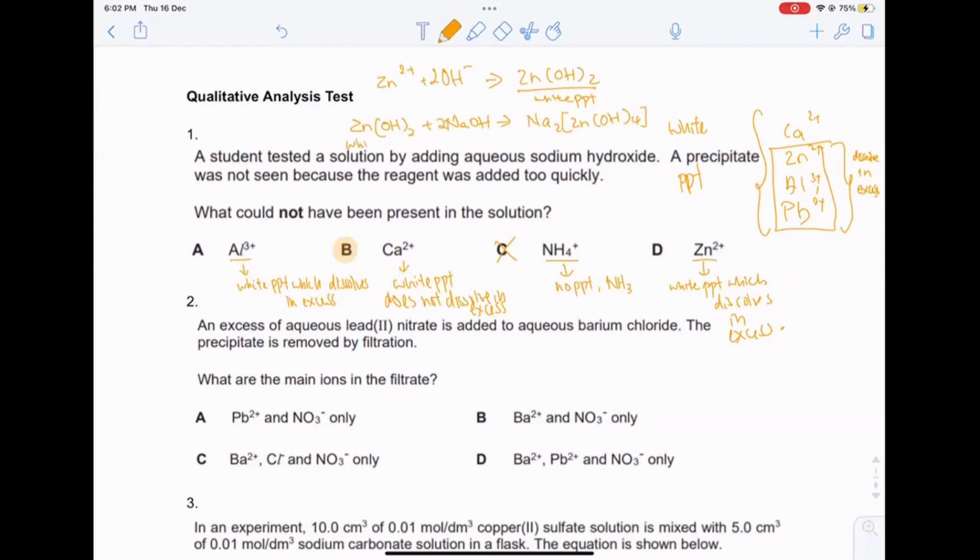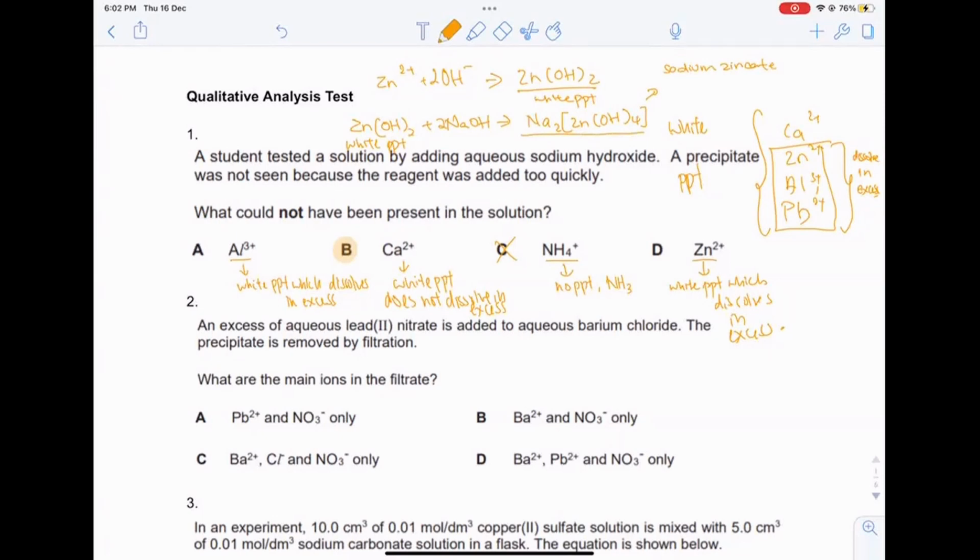So this is a white precipitate, but when you add in excess sodium hydroxide, you will form this compound known as sodium zincate. Do you all learn this in school? No? Okay, but why I'm talking about this is because it's quite important. Okay, I can't say it's that important.